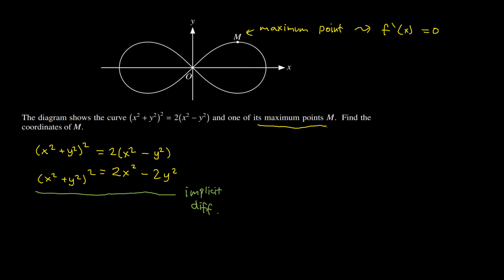Okay, now for the left hand side, we differentiate this square by using power rule. So we'll have 2 multiplied by (x squared plus y squared). But we need to differentiate the inside of this function because of the chain rule. So we will have this multiplied by 2x plus this one 2y, and because this is a function of x, we multiply it by dy over dx.